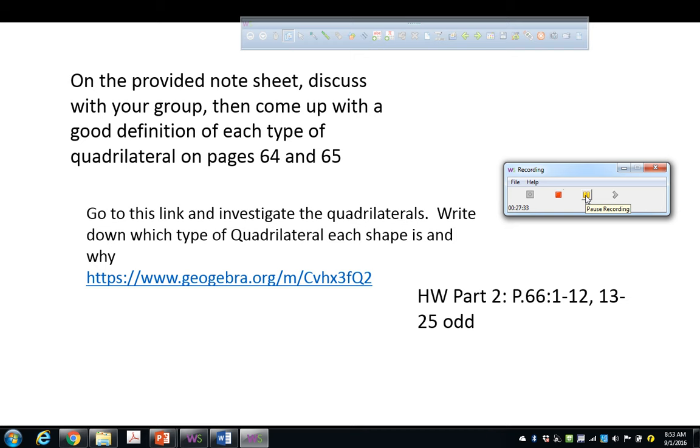Did anyone figure out another way to do it? So this is number 8. How could I draw another isosceles triangle that is different than that one? You could call this side 2A plus B. Oh, that won't work, will it?